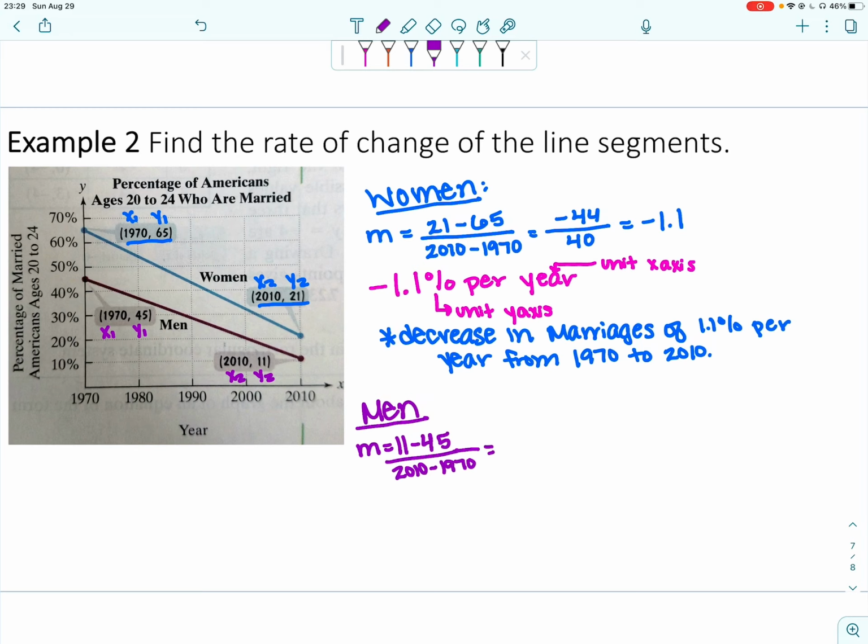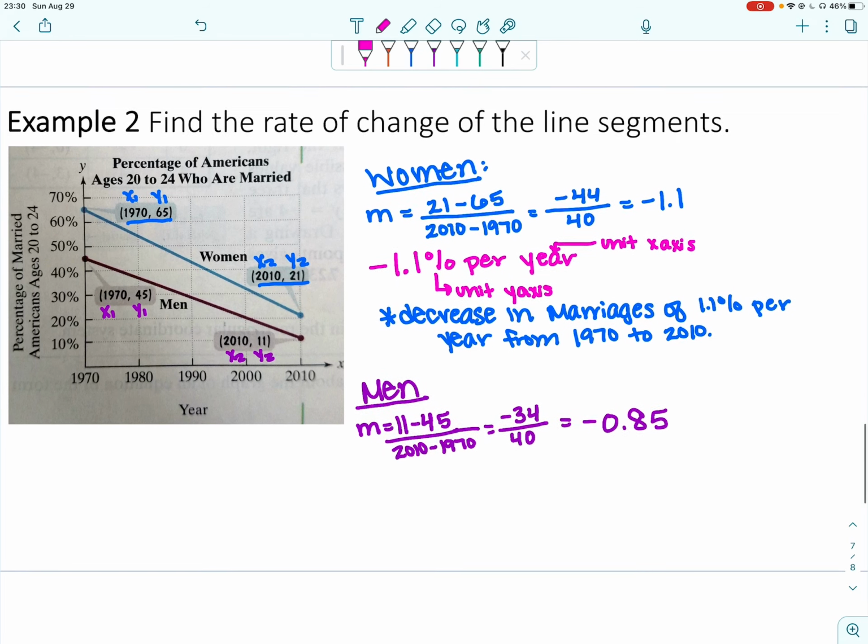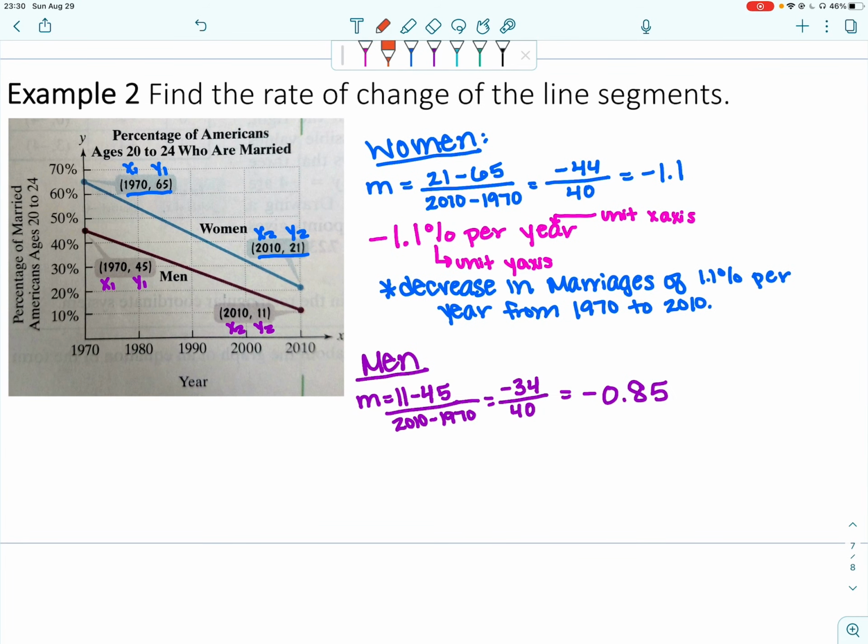So 11 minus 45 is negative 34. And we're looking at the same 40-year time span. And we have the same units here. So for the men, it's a negative 0.85% per year rate of change.